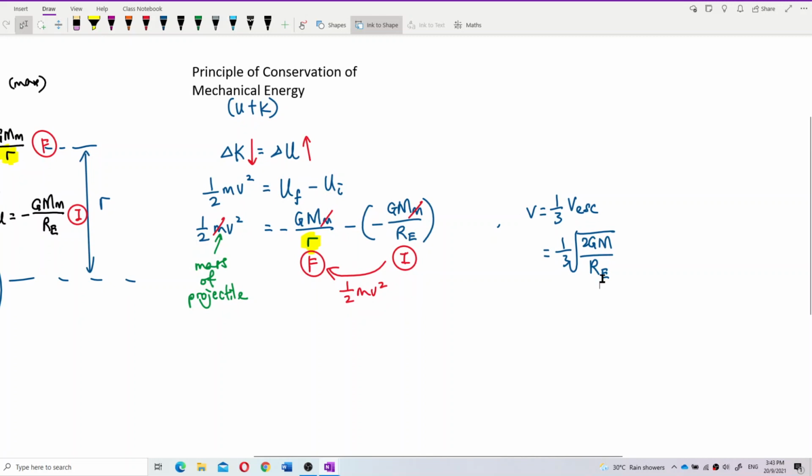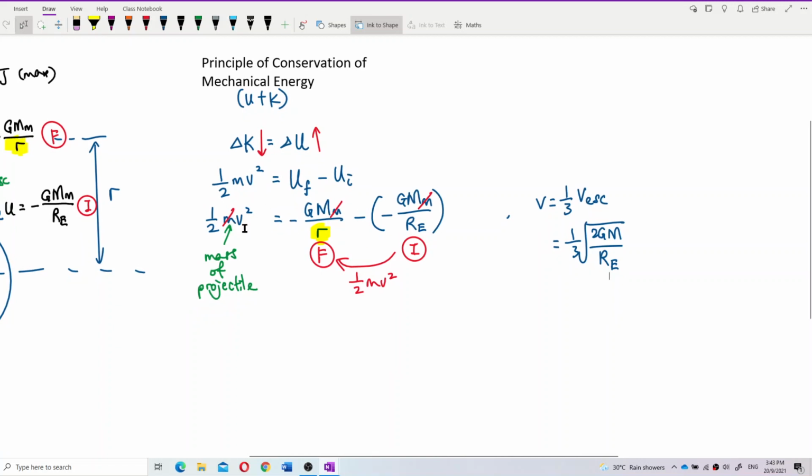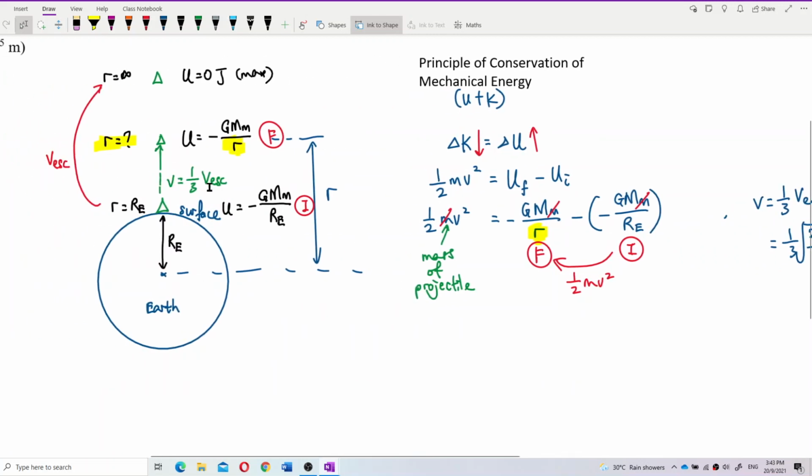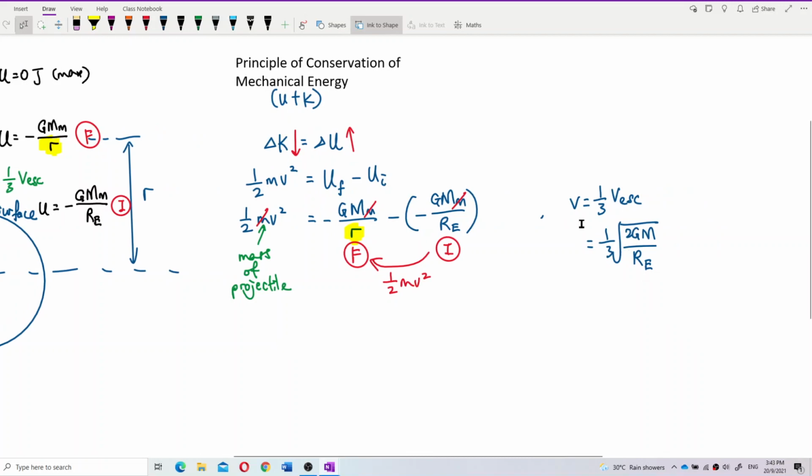So we just substitute this into v here, because this v is just ejected with 1/3 of the escape speed, 1/3 only. So this v, we substitute with this one, and see what happened. I'm still waiting to see how this will turn out. I don't know how it can be solved yet, but this is my rough idea.